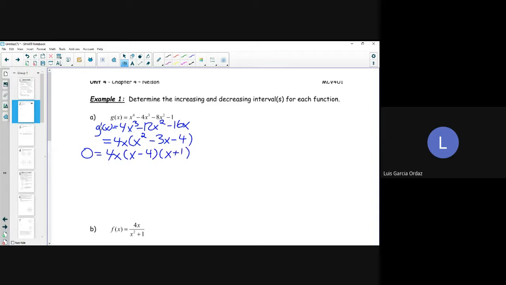So what are my 3 possible solutions in this factored out derivative?